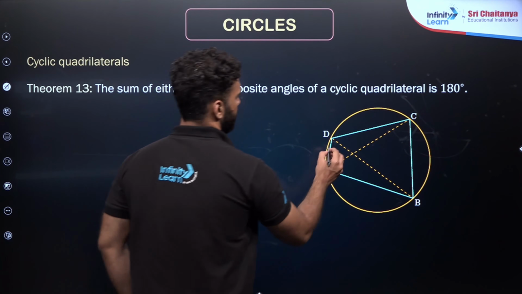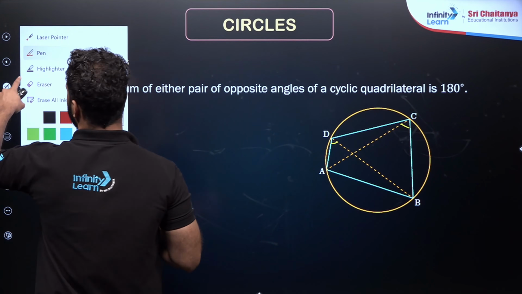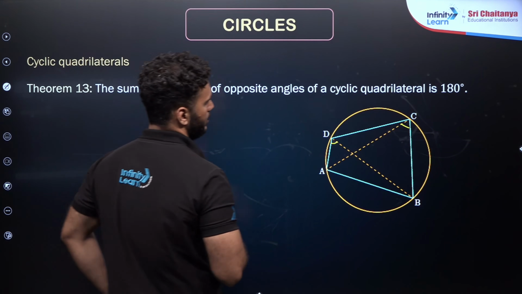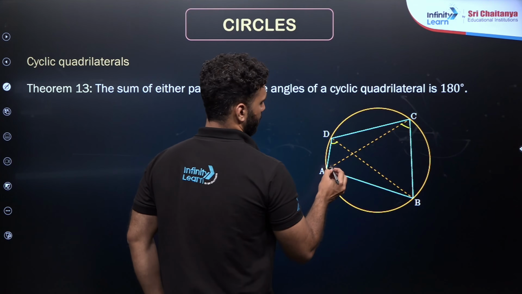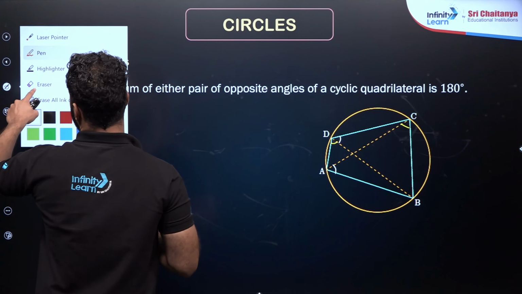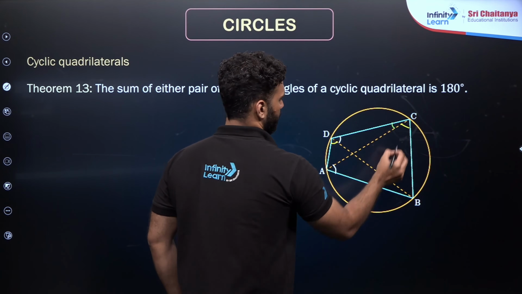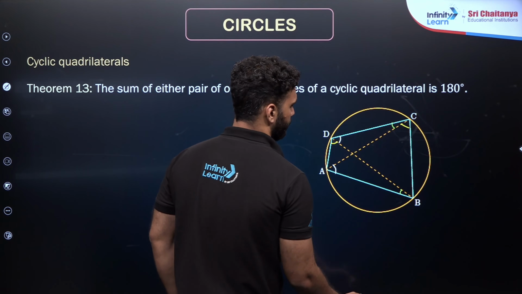Now, using this color, this angle is equal to this angle. Now, let's use green. This angle and this angle must be equal.